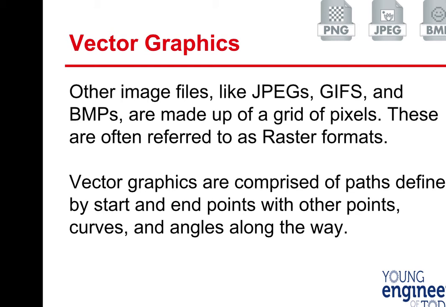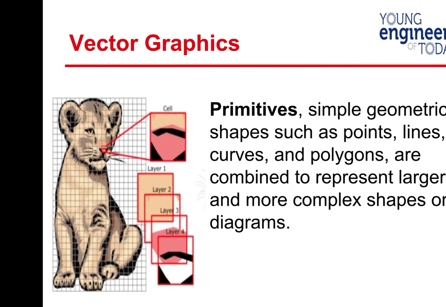Vector graphics aren't defined by a set number of points, but by a set of mathematical expressions. They have start and end points with curves and angles along the way. That means you can make them bigger without it looking bad.